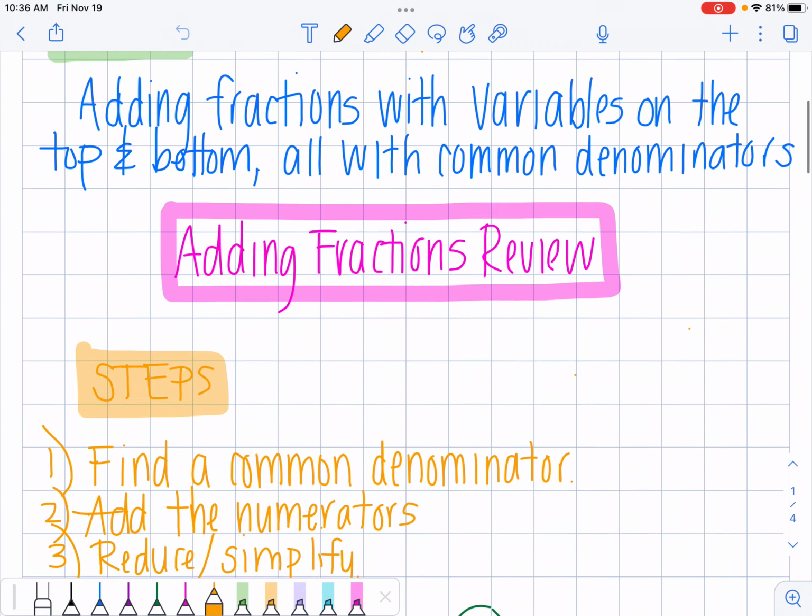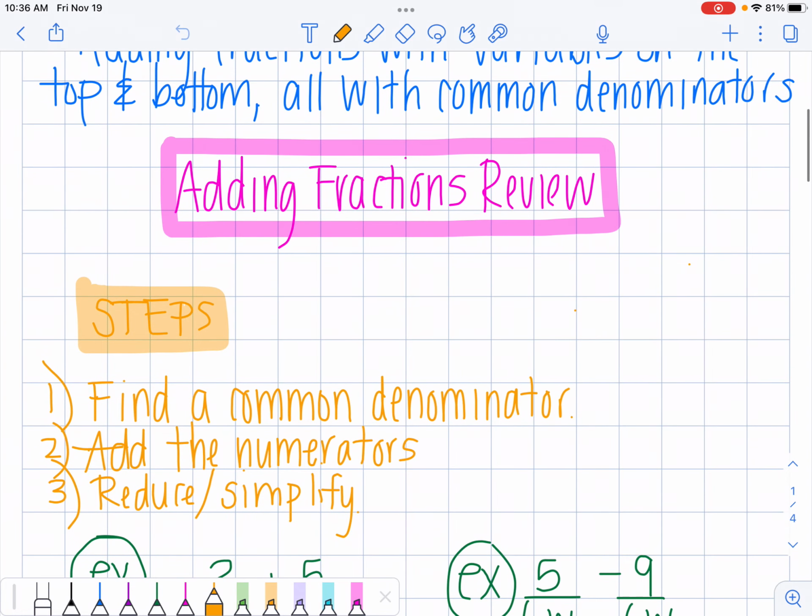So I just wanted to review with you, though, how to add a fraction. When we add a fraction, we first want to make sure that we have a common denominator. In this lesson, all of our fractions will have common denominators, so we will know that that step is automatically true. Next, we're going to add the numerators, or the tops of the fractions.